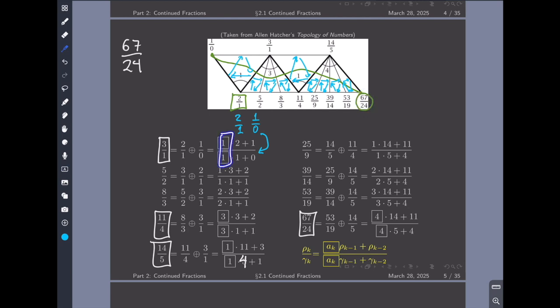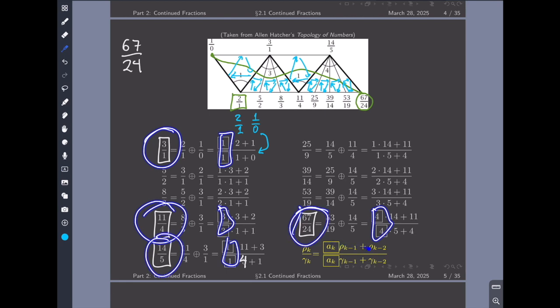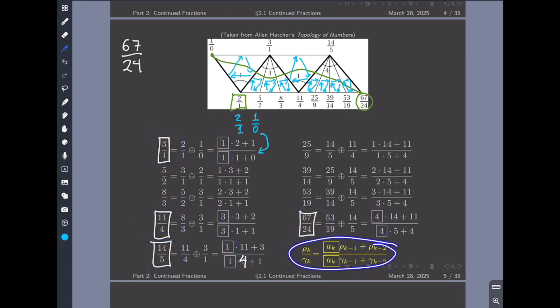When I do this putting in boxes algorithm, the corresponding sequence satisfies this recurrence relation.